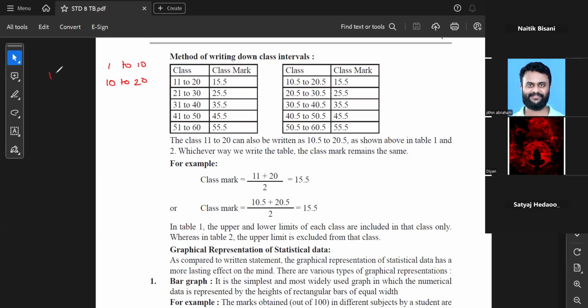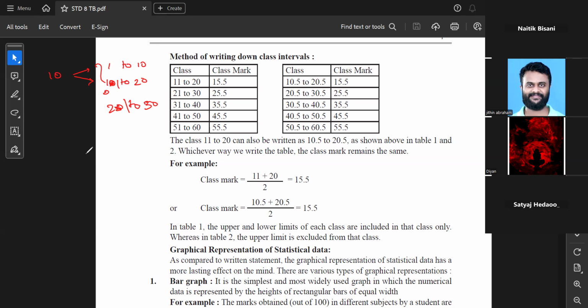Now if you get a score of 10, where will you put it, here or here? It's a confusion, right? In order to avoid that confusion, we don't write common numbers. We make it 11 to 20. And in the next line, we will not write 20 to 30. We will write 21 to 30 because 20 is already covered upstairs. Understood?